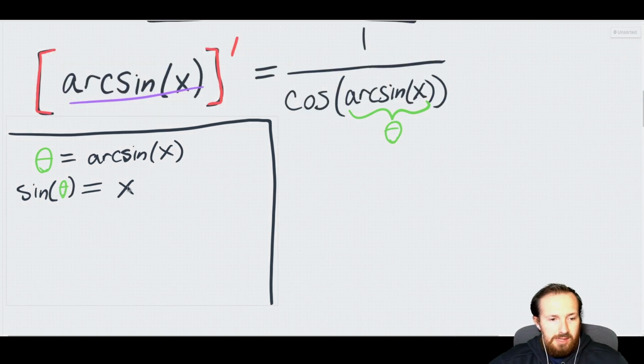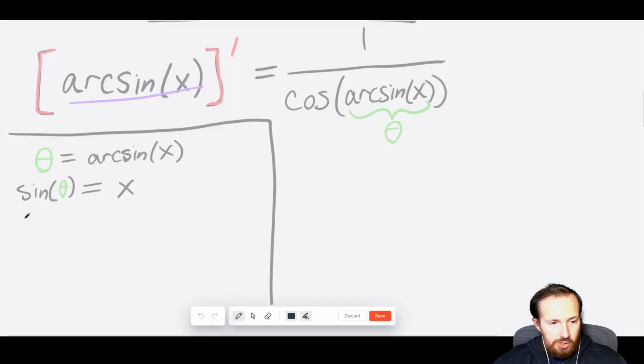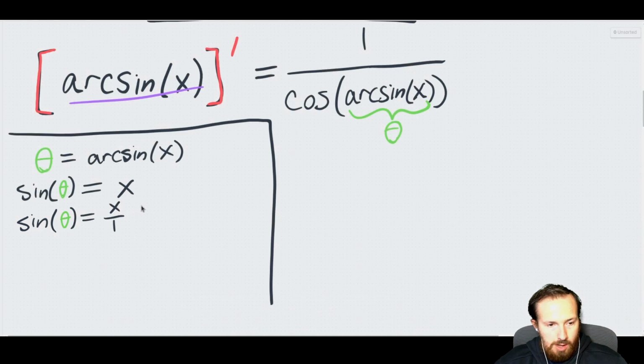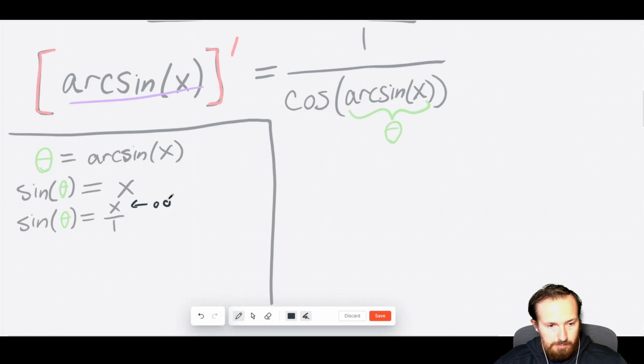And if sine of theta is equal to x, remember, what does sine represent? It represents the ratio of sides between the opposite side and the hypotenuse. So you can think of it as sine of theta equals x over 1, where x is the opposite side and 1 is the hypotenuse in an actual triangle.